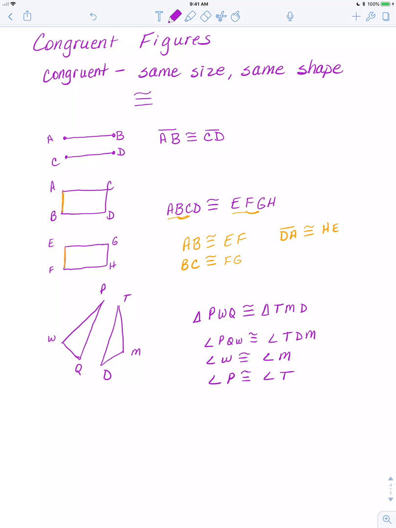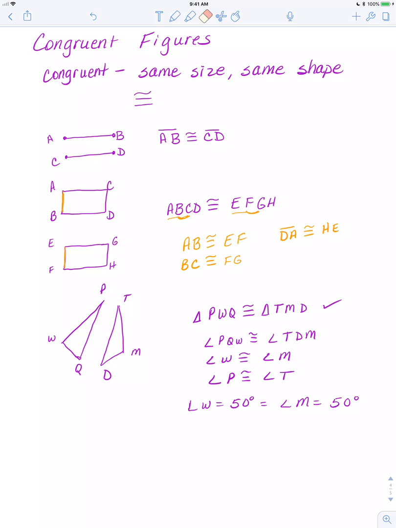So if I tell you that something is congruent to each other, if I've made this statement here and I tell you that angle W is equal to 50 degrees, then you could automatically tell me that the congruent angle to W, angle M, would also be equal to 50 degrees.